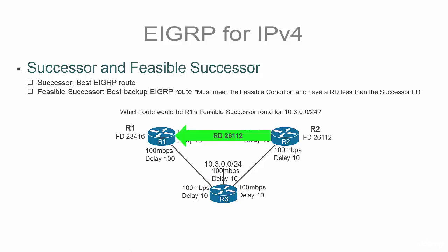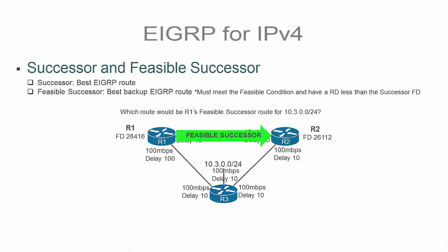Well, since R2's reported distance was 26,112, which is less than our feasible distance for our successor path of 28,416, it meets the feasible condition of having an RD less than the local router's successor FD, and it can be a feasible successor path for the 10.3 network. The benefit of having the feasible successor path is that it can allow for faster convergence.